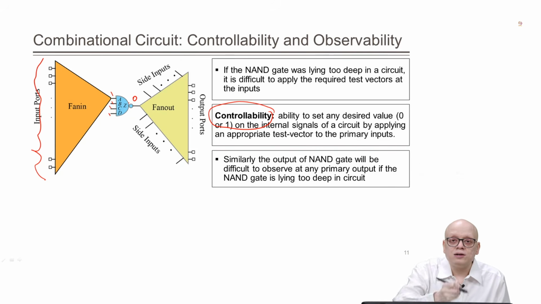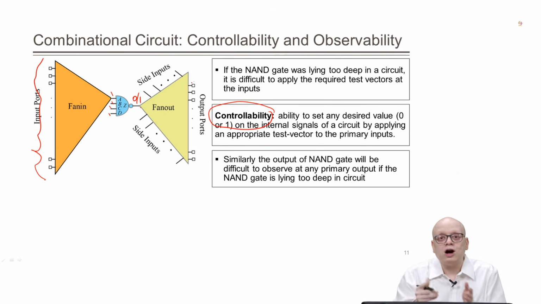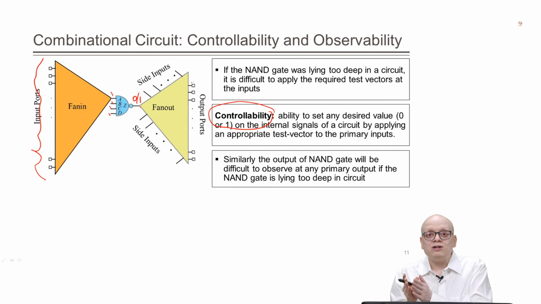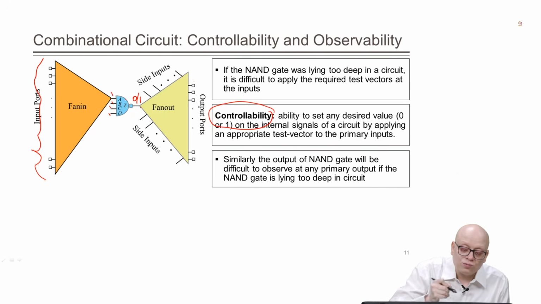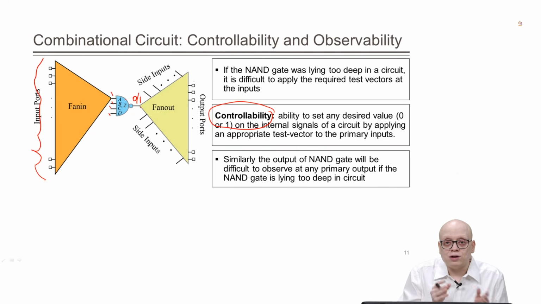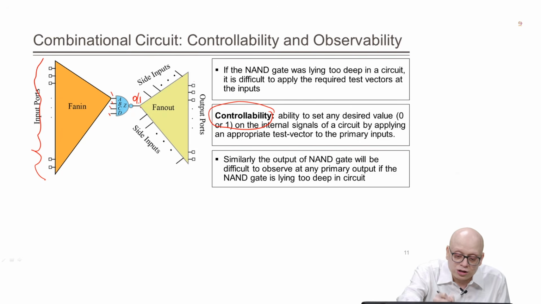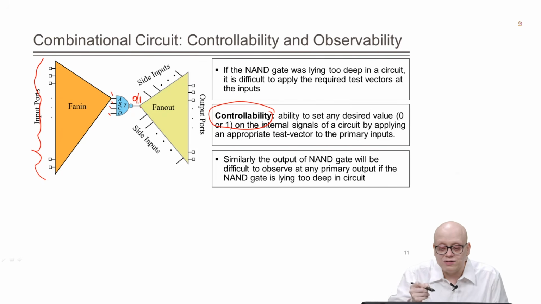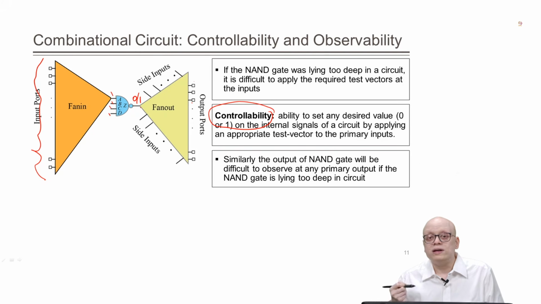But if this was a faulty NAND gate, it might be producing a 1, right. Now, we want to observe this 1 on some output port, because that is only accessible to the automatic test equipment, right. But if this component was lying much deeper in our logic, then observing this 1 or the faulty behavior at the output would have been more difficult.